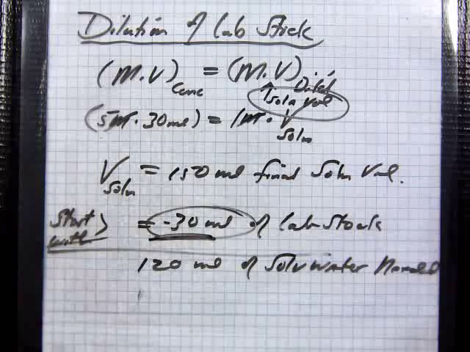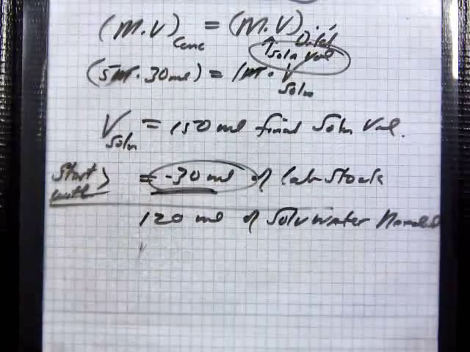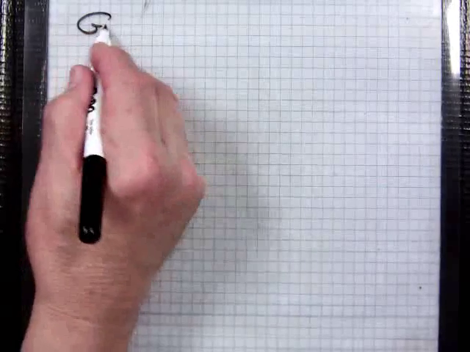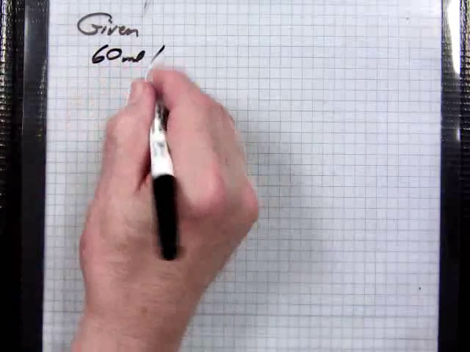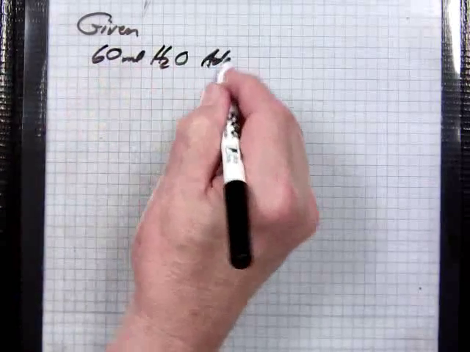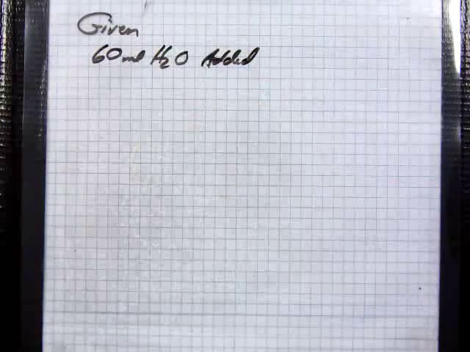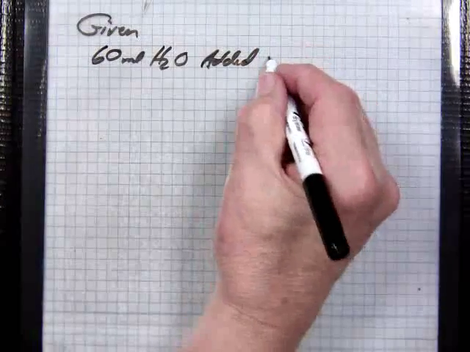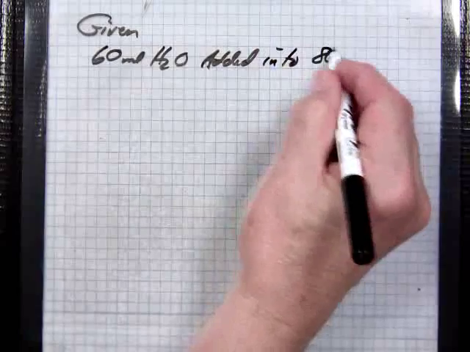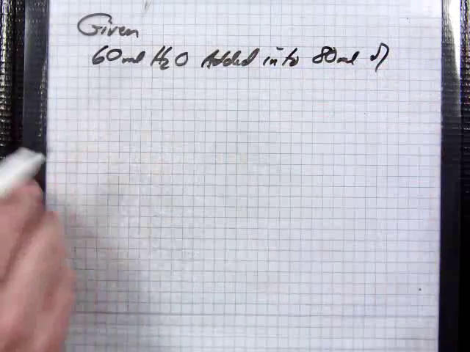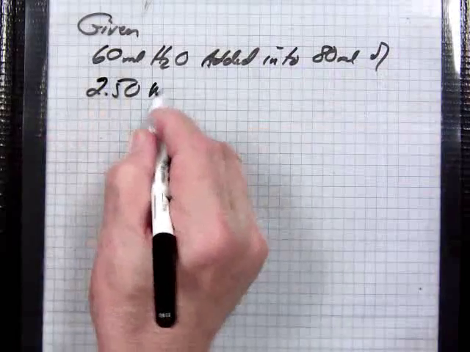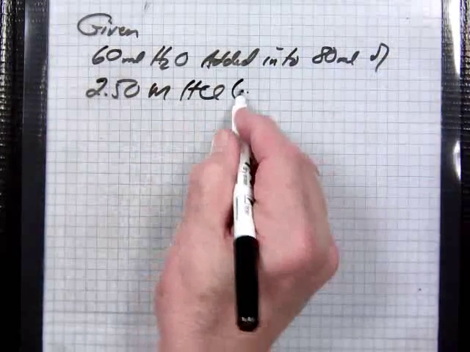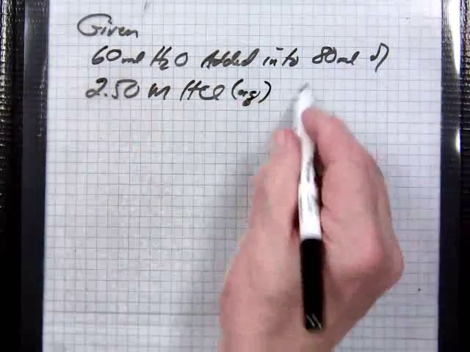Okay, this last one in there real quickly. Given, okay, so we got 60 mils of water added into 80 milliliters 2.5 molar hydrochloric acid stock, aqueous stock.